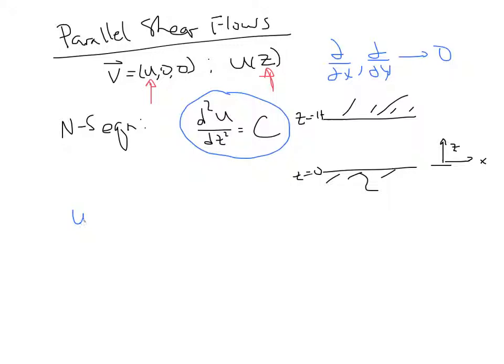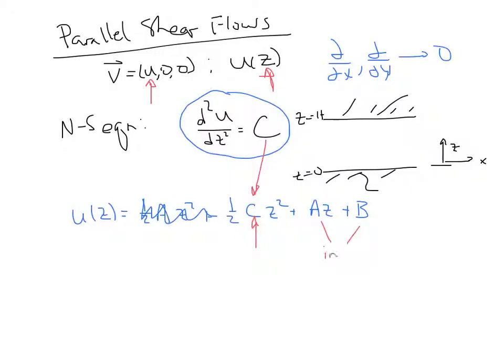Integrating that twice, we get that u of z is equal to 1/2 c z squared plus az plus b. So c is the constant that comes from our governing equation. A and b are integration constants.